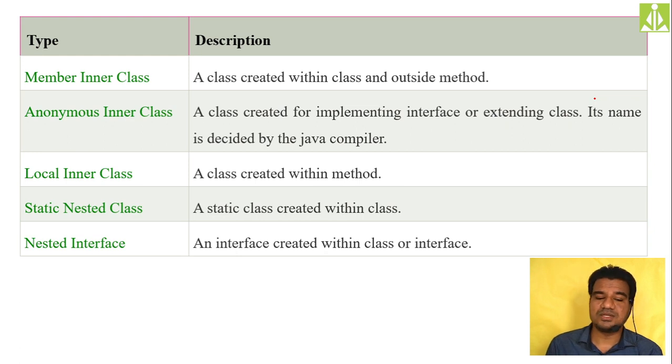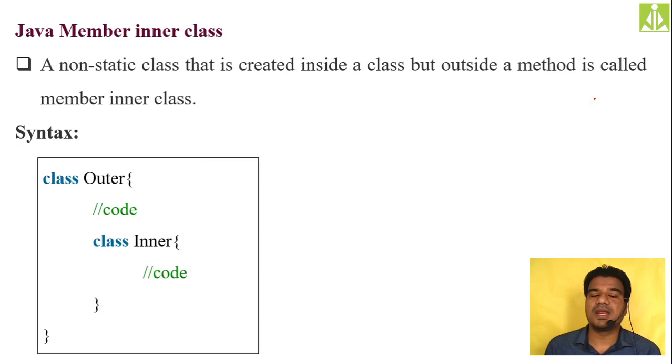So I will start with Java member inner classes. It is a non-static inner class, a non-static class that is created inside a class but outside a method. Inside a class but outside a method, we call it a member inner class. The syntax for creating it is very simple.